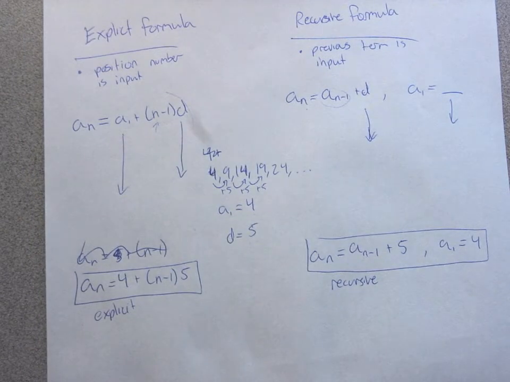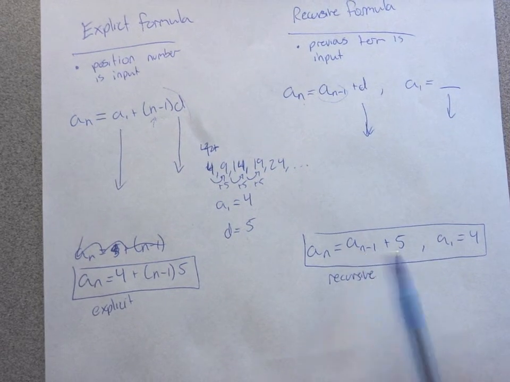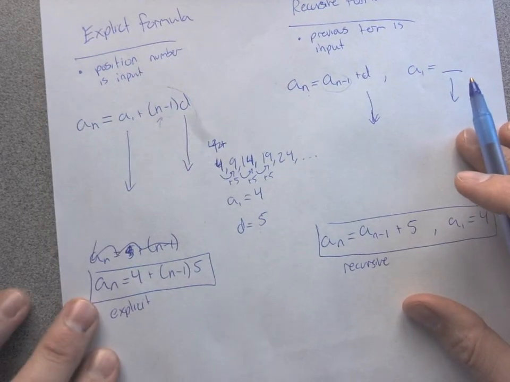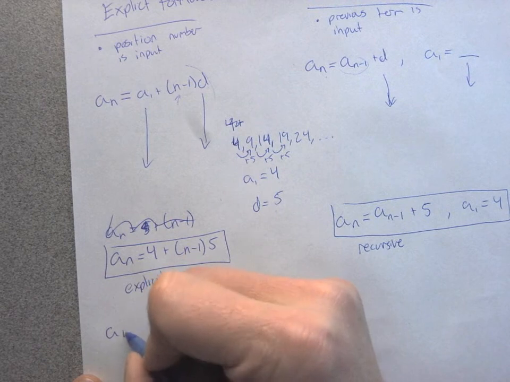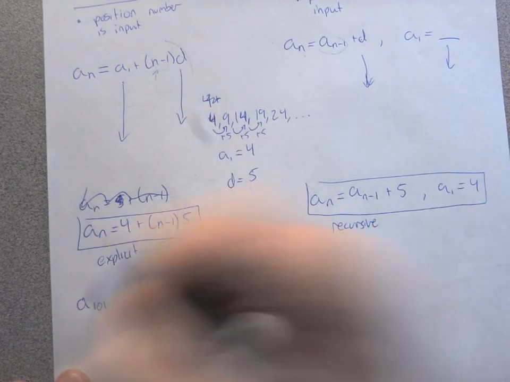Now let's talk about what they mean again. Remember, this is more of a statement of the pattern. What this is saying, for whatever term you want, you take the previous one and add 5 to it. So let's see if we can find a of 101 using our explicit formula. That's the 101st term.